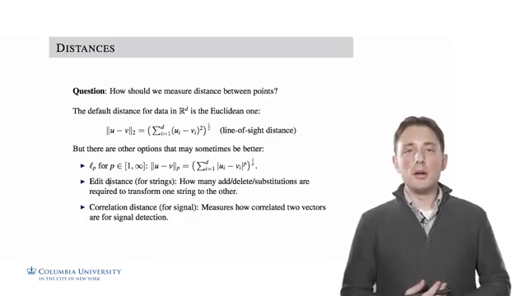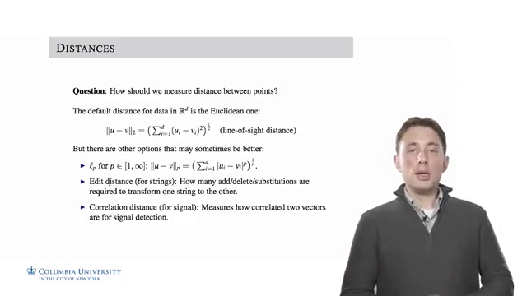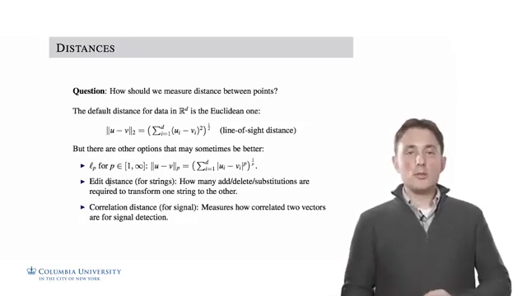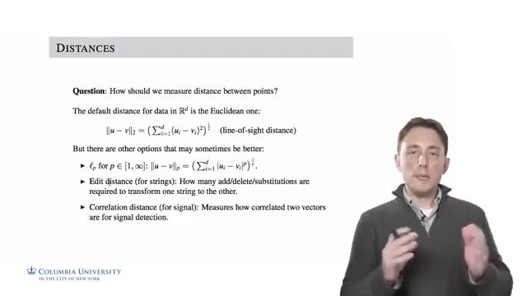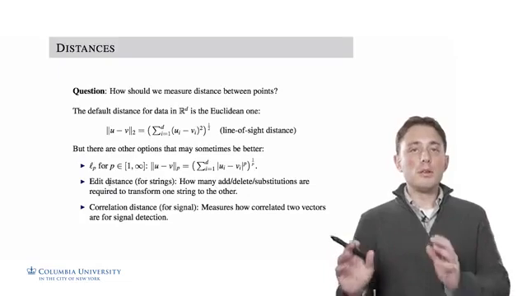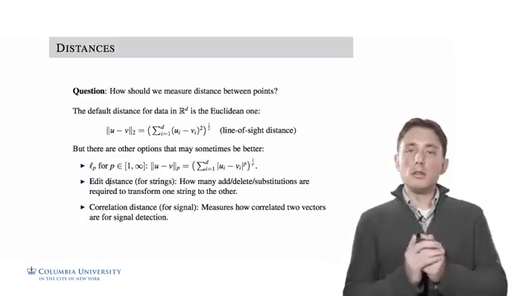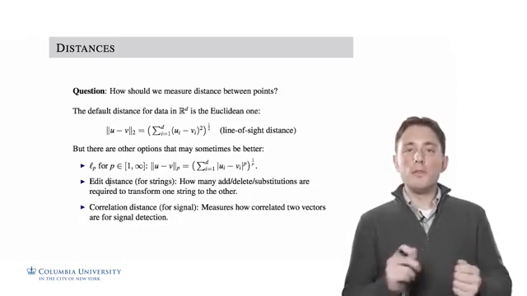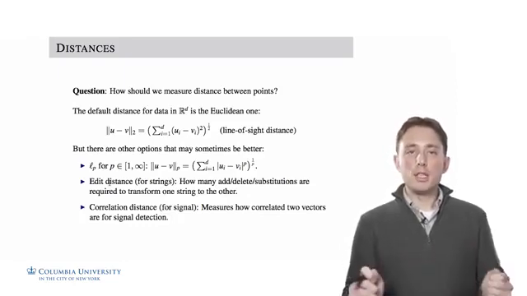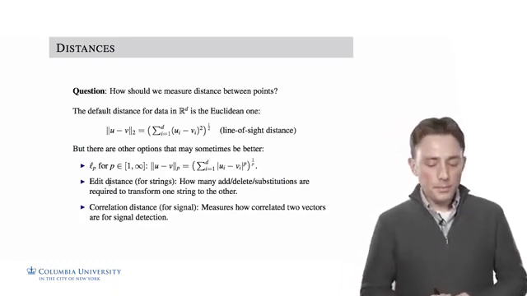The edit distance would say how many additions, subtractions, and substitutions of characters are necessary to make my input string equal to any given other string in my training set, and then find the string in the training set that requires the fewest changes to match my input string, and that would be the nearest neighbor.